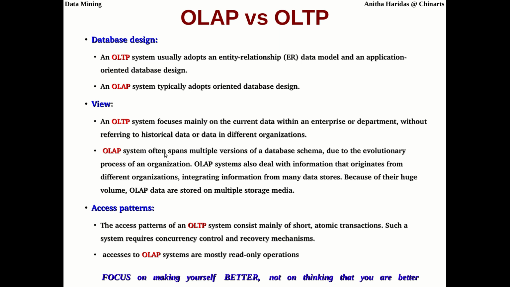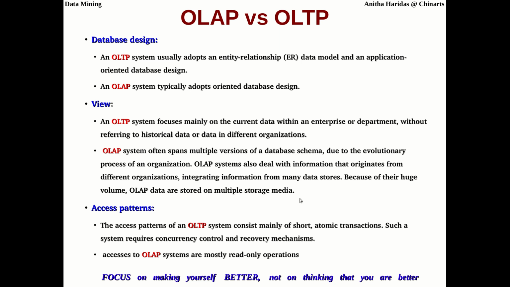So it will span multiple versions of the database schema, because one branch may be using a different database schema, another branch another one, and maybe 5 years before the organization might have used a different database schema and design. So after 5 years the organization is going to use a different database design. So the OLAP system must deal with information that originates from different organizations, and it has to integrate the information from many different data stores.